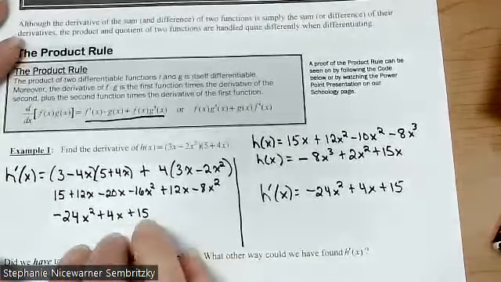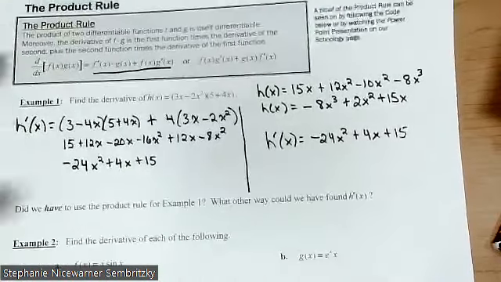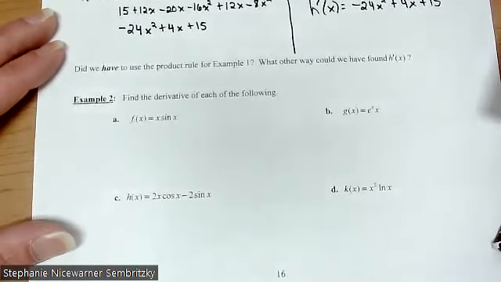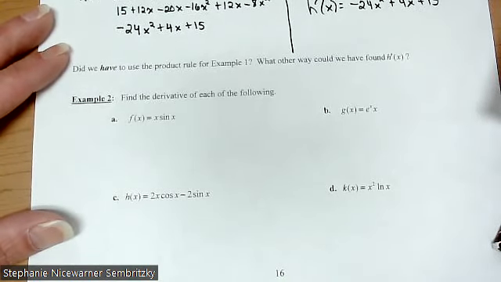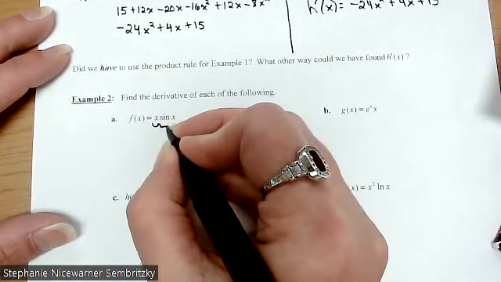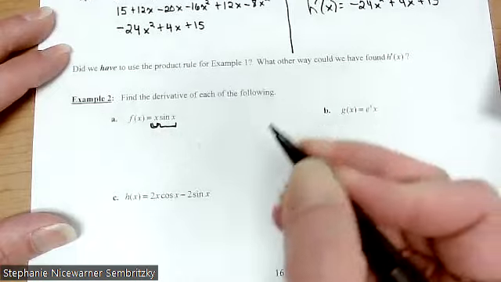But a lot of times this way is faster. And let me show you when. So x times sine x, can I distribute that? Well, no. So the first is the x, and sine x is the second function.